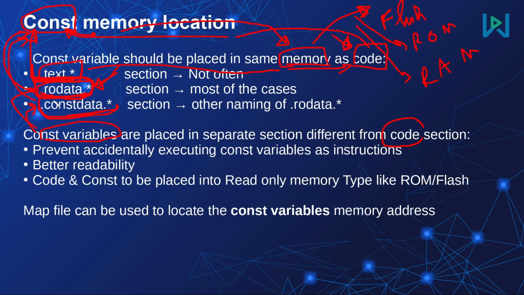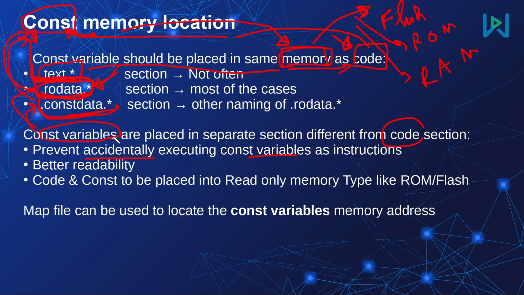One of the reasons why we are having separate section names for our code and read-only data or const, even if they're going to be placed within the same memory area, is that we want to prevent executing in an accidental way our const, and hence we want to prevent the processor from considering those const variables as instructions.